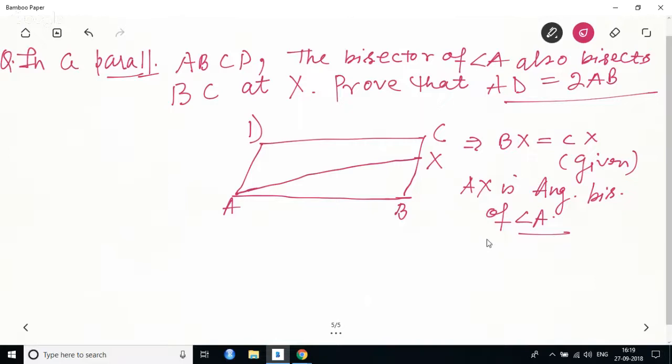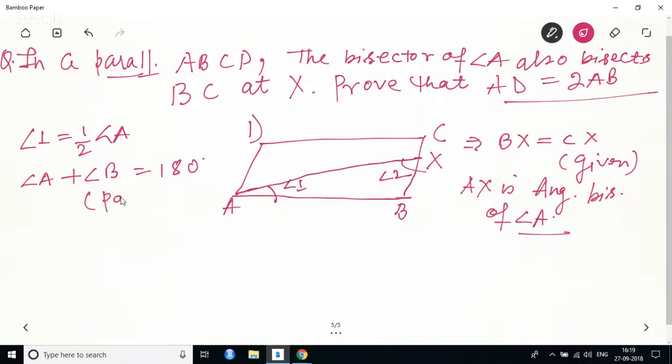So how can you prove it? Suppose this is angle 1 and this is angle 2. So angle 1 is equal to half A if it is an angular bisector. Now, angle A plus B is equal to 180 degree, because it's a parallelogram.